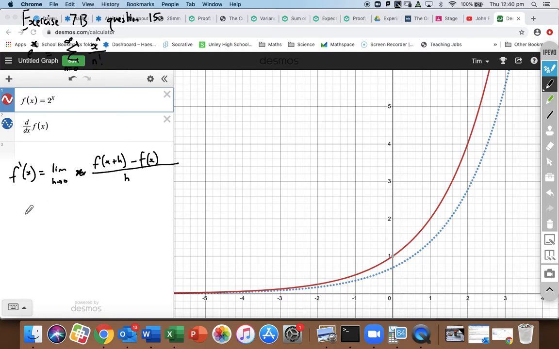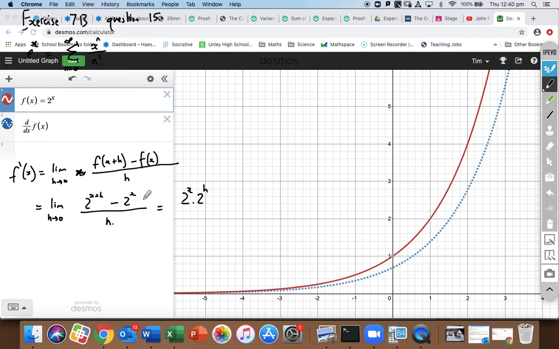In this instance, we'd have our limit as h approaches 0 of 2 to the power of x plus h minus 2 to the x, all divided by h. Now, I could rewrite this as 2 to the x times 2 to the h, right?